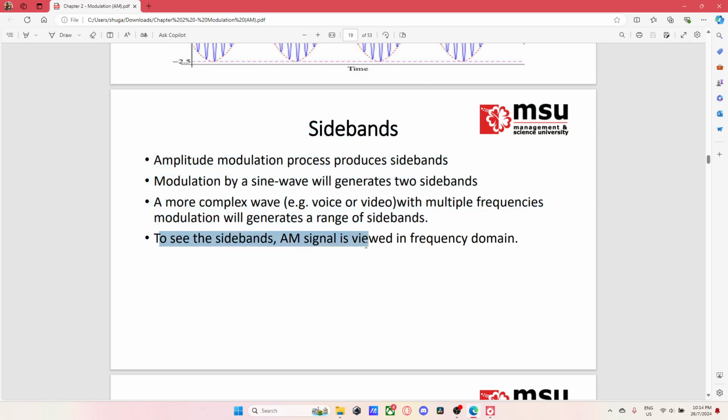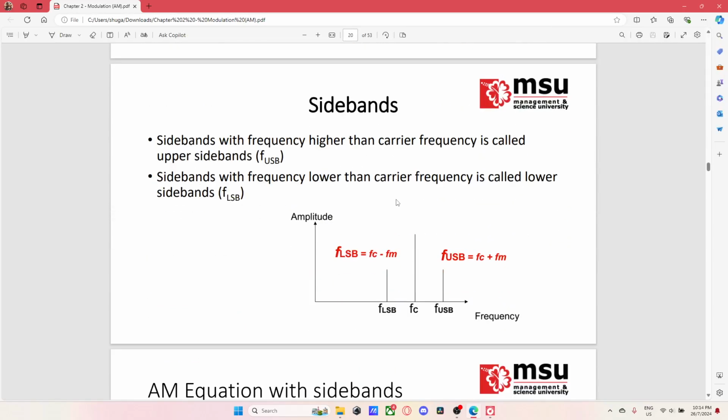To see the sidebands, the AM signal is viewed in the frequency domain. This is the graph, the domain we will see mainly for sidebands. The sideband with frequency higher than the carrier is called the upper sideband, or FUSB, and the sideband with frequency lower than the carrier frequency is called the lower sideband, FLSB.